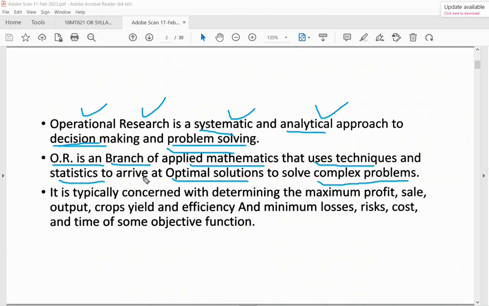Why do we require operation research? Especially in order to maximize the profit, the sales, and the output in the system. Then crop yields, if you consider the agricultural application. With respect to machineries, we obviously want efficient machines with minimum losses.